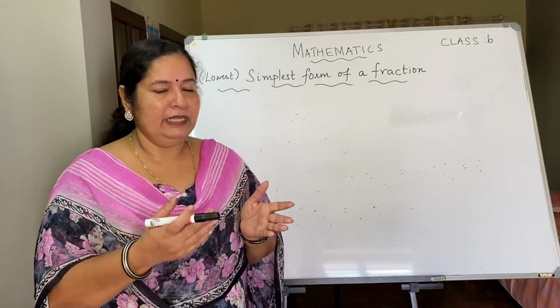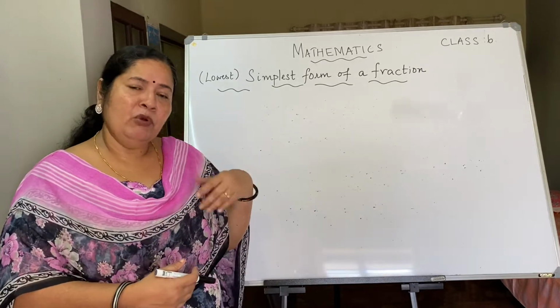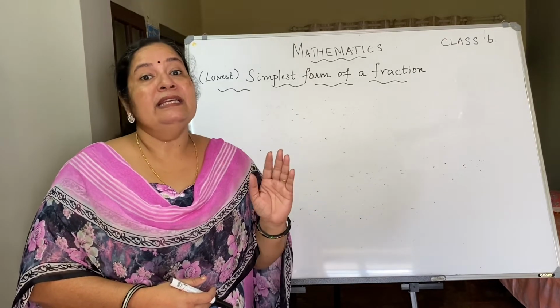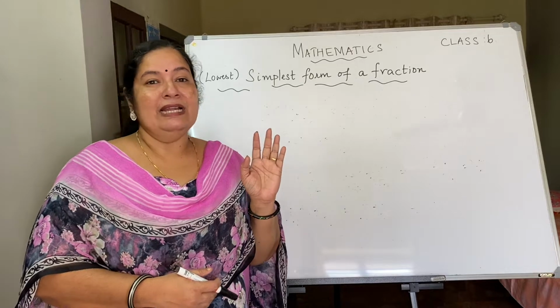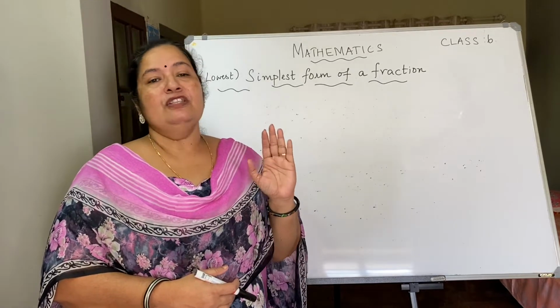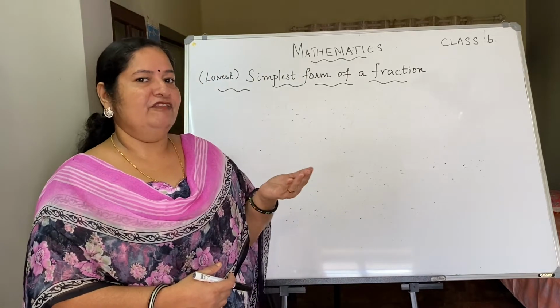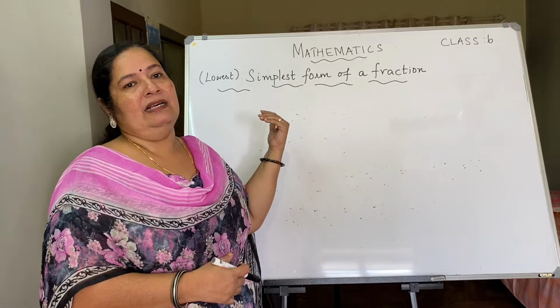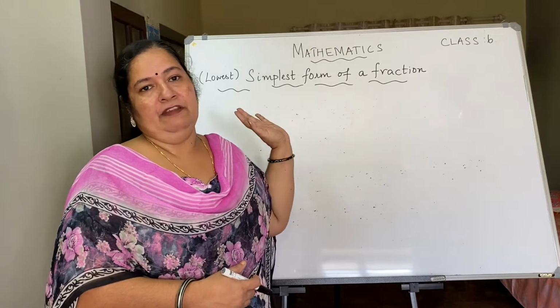That is how we have found the HCF. Now here one more method we will see, how to find the HCF in an easier way, and that is by division method. So let us first learn how to find the HCF by division method so that we can apply that here for reducing the given fraction.